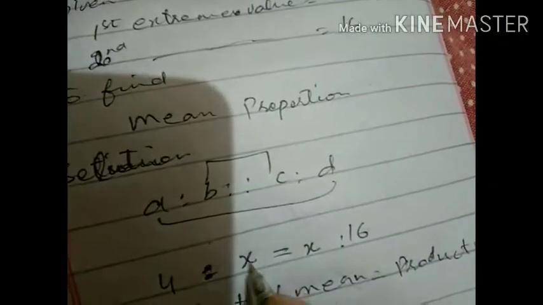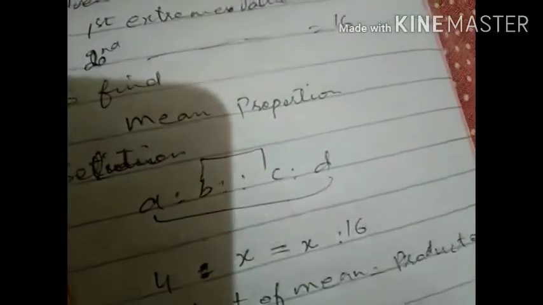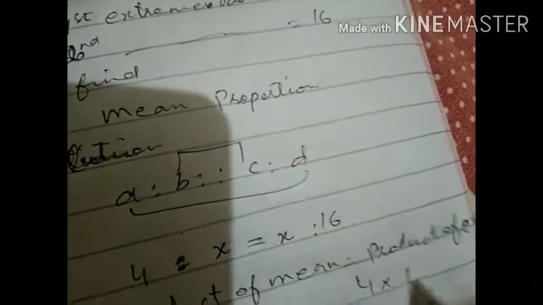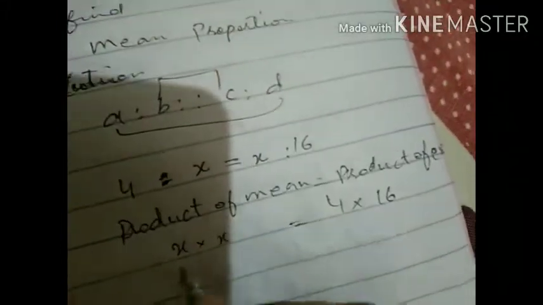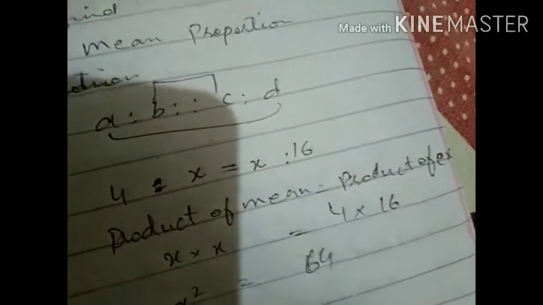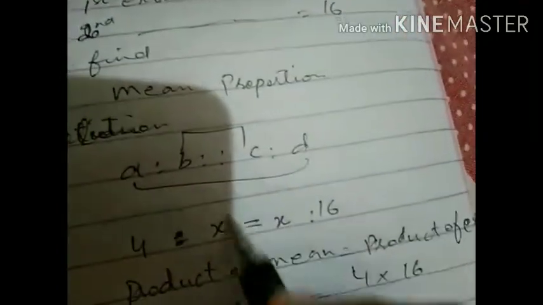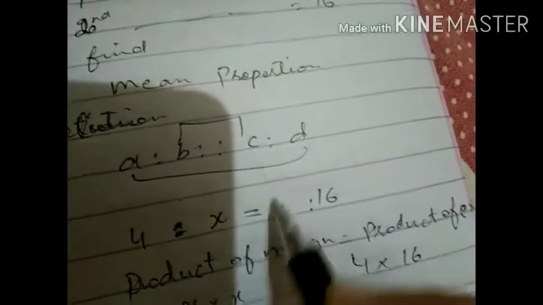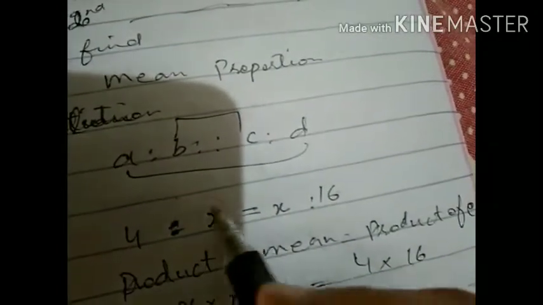So the product of means is x multiplied by x, and the product of extremes is 4 multiplied by 16. So x square, and 4 16s are 64. We have to find the value of only a single x, because there are two x's.